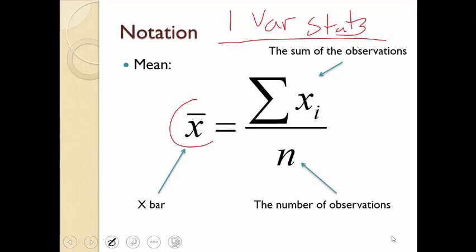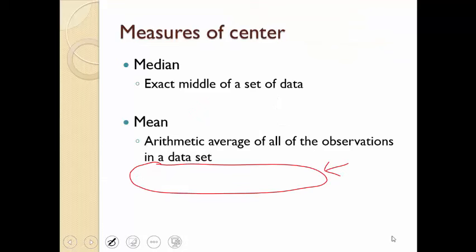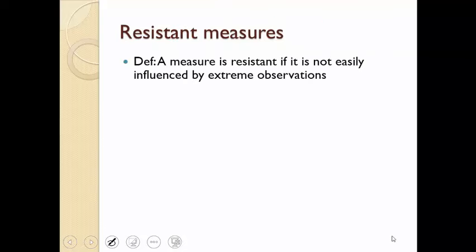So remember, x-bar is the mean. Going back, this idea of a balancing point is going to be crucial for this term that we're going to throw out right here, which is the term resistant. A resistant measure is something that is not easily influenced by extreme observations, aka outliers.